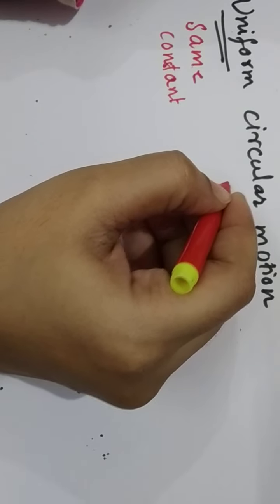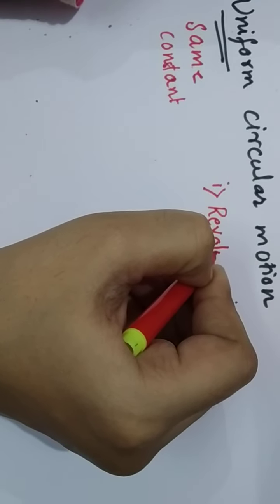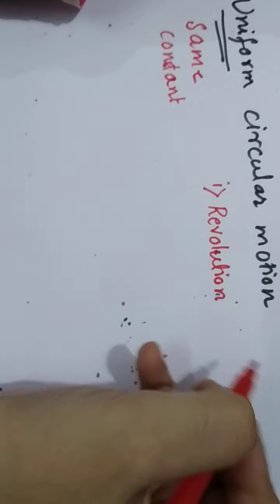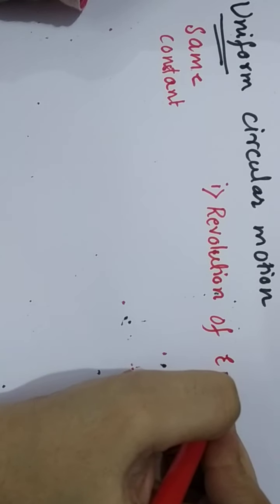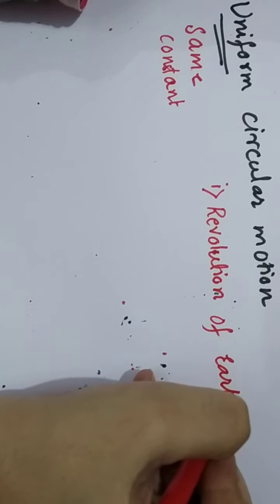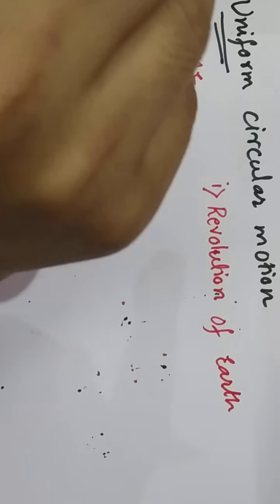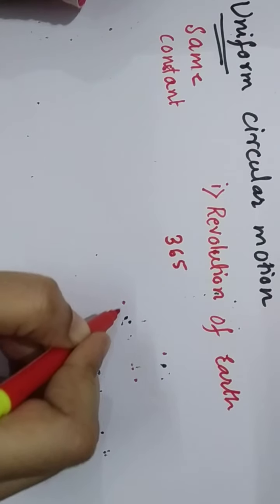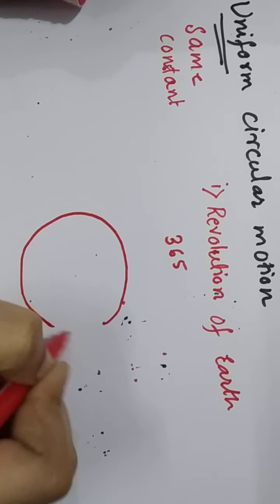First and foremost one is the revolution of Earth. We all know that Earth is revolving round the Sun in a circular orbit. It completes its one revolution in 365 days, and after the completion of 365 days, the same path will be repeated by the Earth.